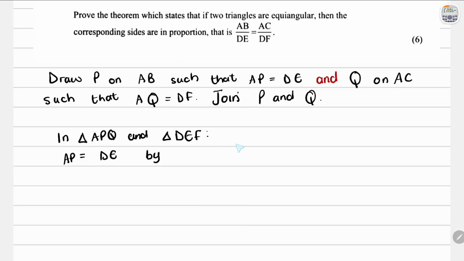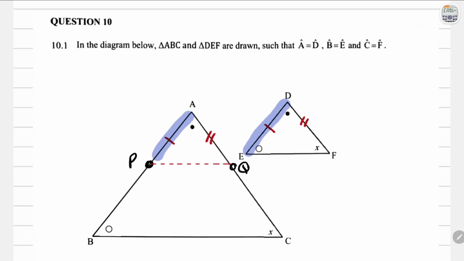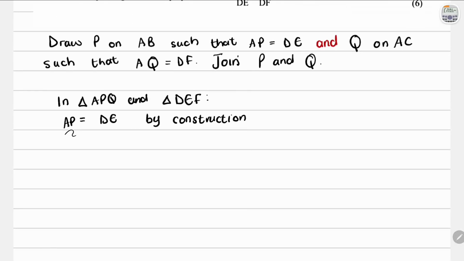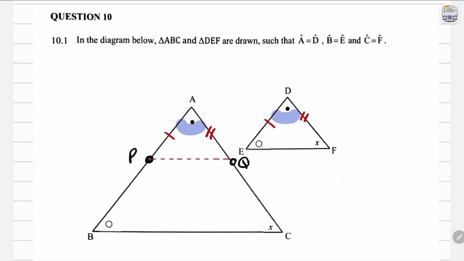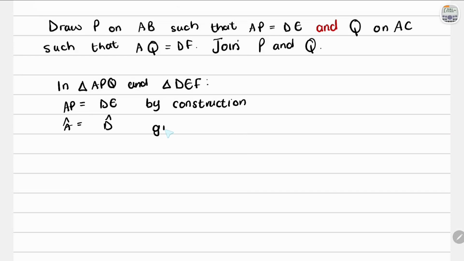So by construction. Okay, we have one side being equal, that's great. Then you see that we have these angles being exactly the same. So we can also tell them that angle A is equal to angle D. But this one is not by construction. We didn't cause this. This was something that they told us initially. So we can tell them that this is just given. Okay, so given. And remember, that's an angle.